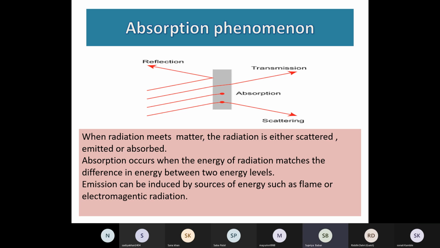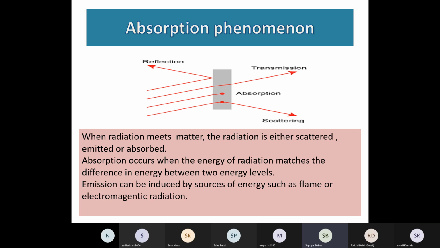The exact changes depend on the nature of radiation and the molecular structure.